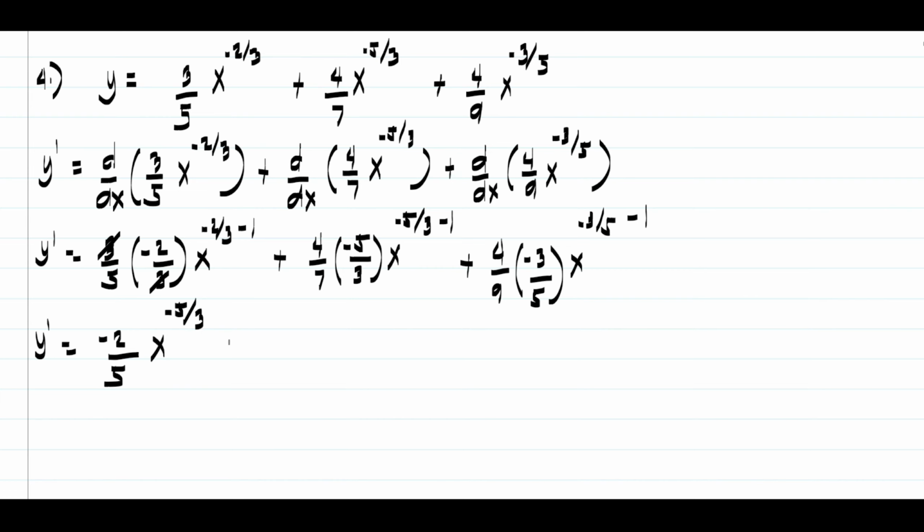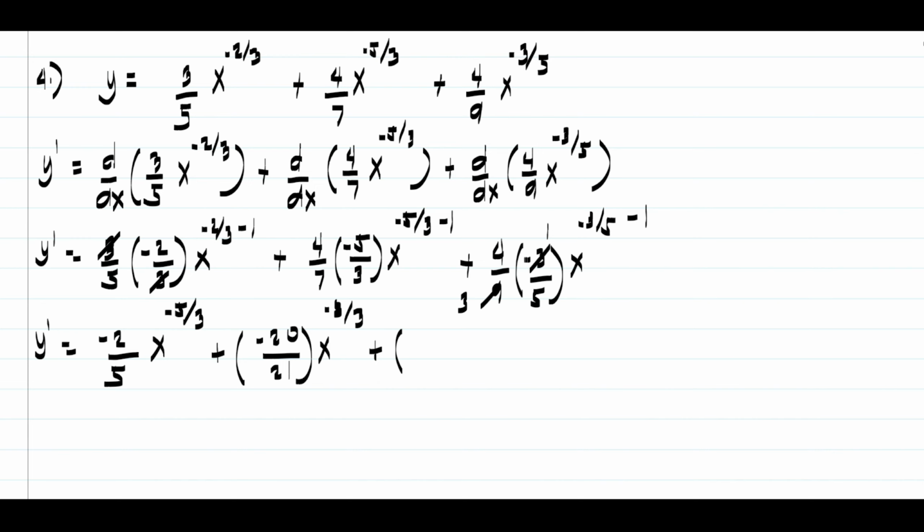And then we have 4 times negative 5 is negative 20 over 7 times 3 is 21, x raised to negative 5 minus 3 is negative 8 over 3. And then we have 4 times negative 3, or we can cancel 3 and 9. So 3 becomes 1 and 9 becomes 3.